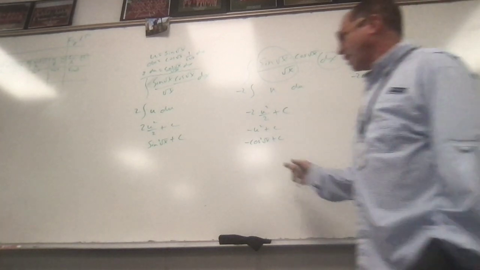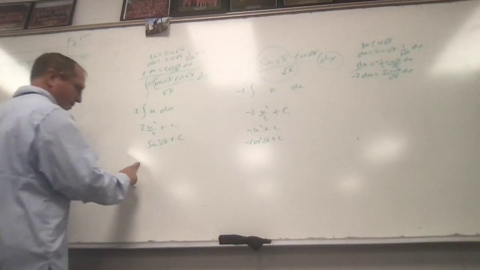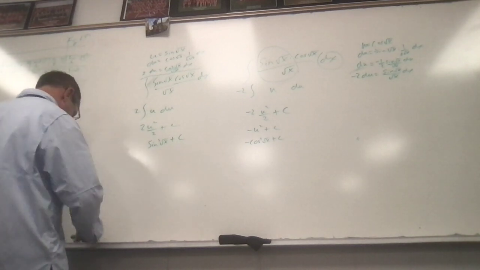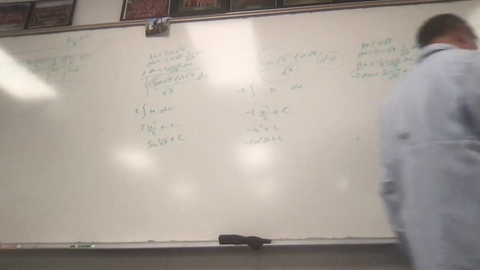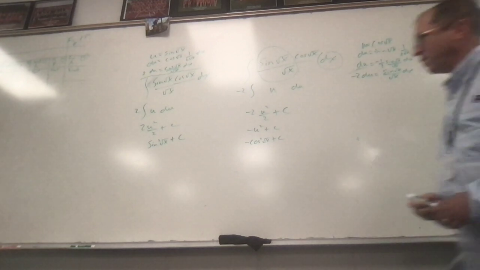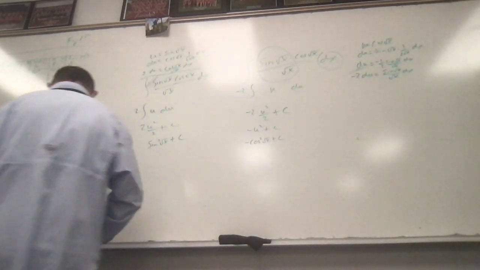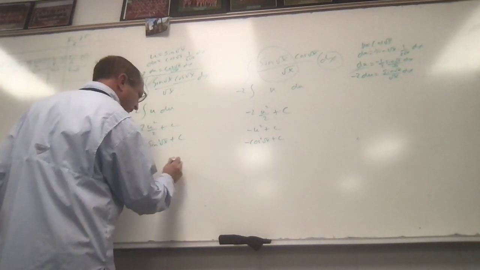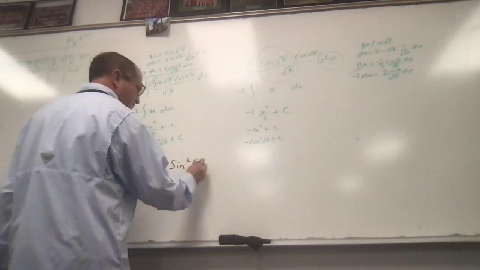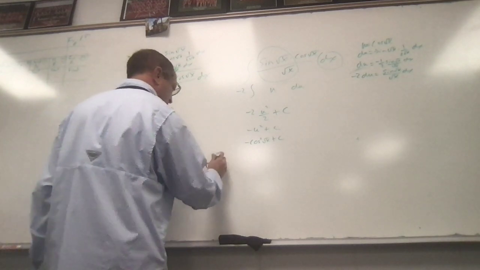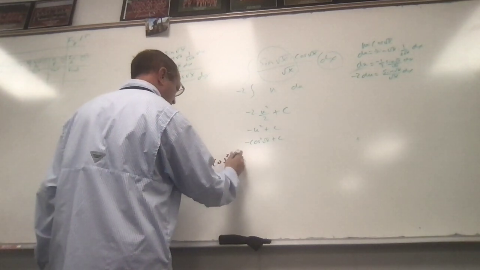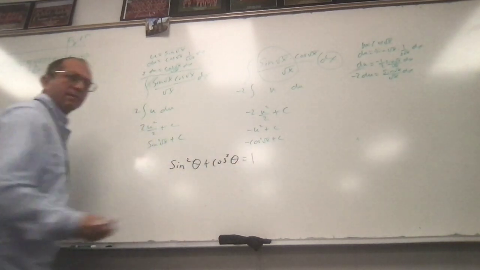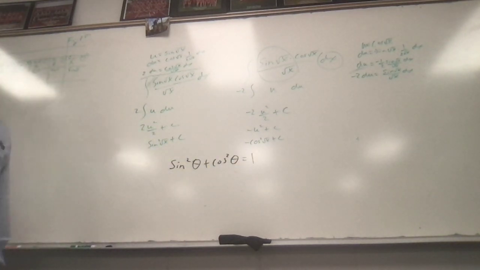Let's go back to trigonometry real quick. You had a Pythagorean identity. That identity was that the sine squared of theta plus the cosine squared of theta was equal to what? 1. Are we still good?